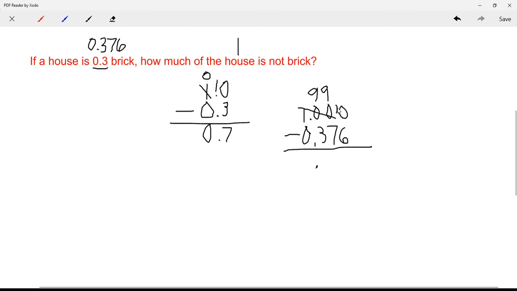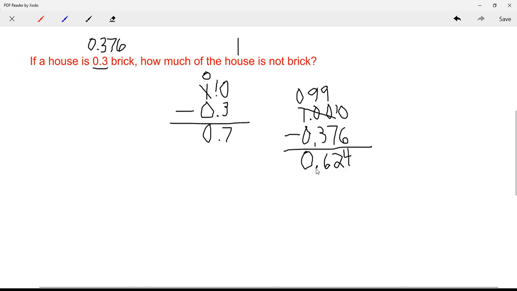This turns into a 10. 10 minus 6 is 4. 9 minus 7, 2. 9 minus 3 is 6. And then this is a 0. 0 minus 0 is 0. So it is 624 thousandths.